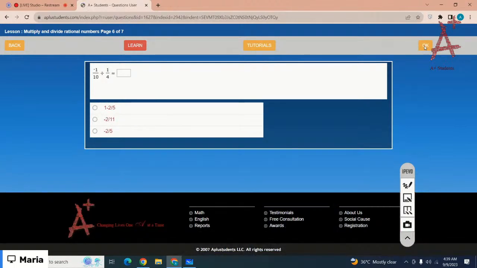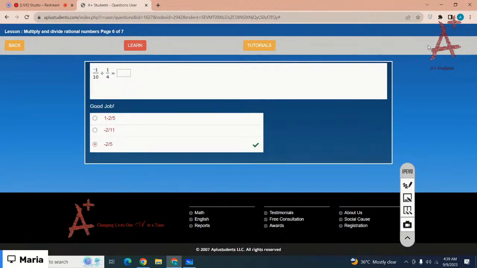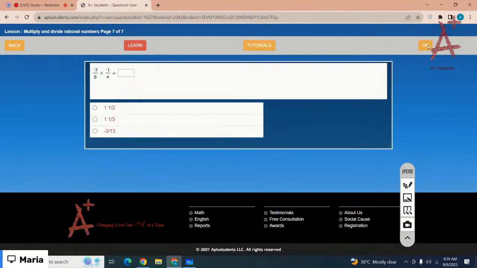Negative 1 over 10 divided by 1 over 4. So which is the correct option? That would be negative 2 over 5. Very good. Negative 3 over 8 divided by negative 1 over 4.